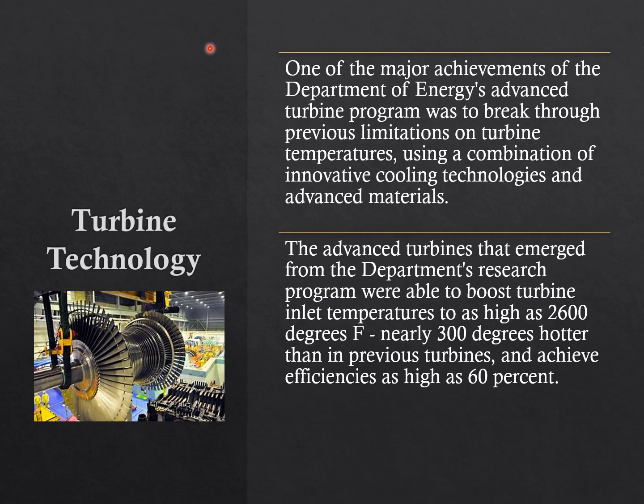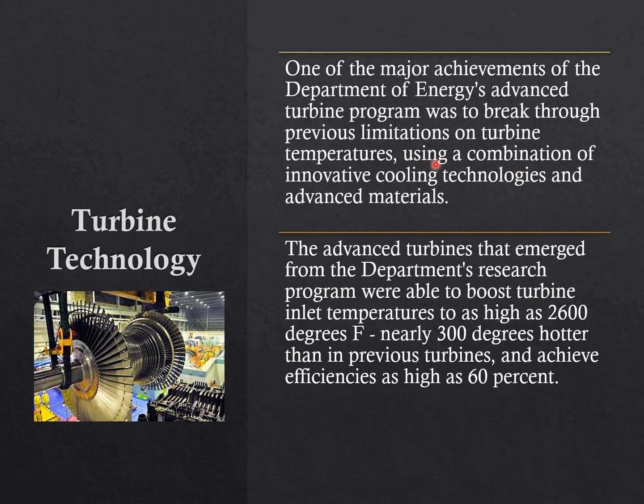Since we have a material limitation and a temperature limitation, you've got to solve those kinds of issues. So we boost our technology. We have the Department of Energy, the DOE, and they have an advanced turbine program. What are they doing?